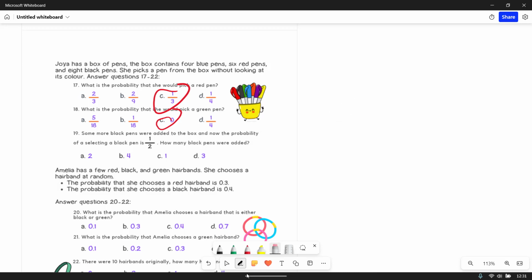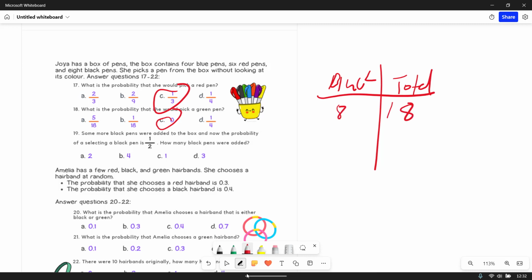Some more black pens are added to it. Now the probability of selecting a black pen is a half. So let's just do a table to do this. Total and black. To start off with, we have 8 black pens and the total is 18. If we add another black pen, we have to add another one here, 19.